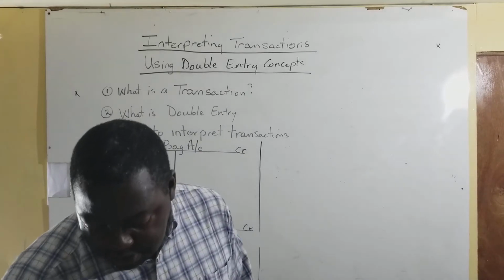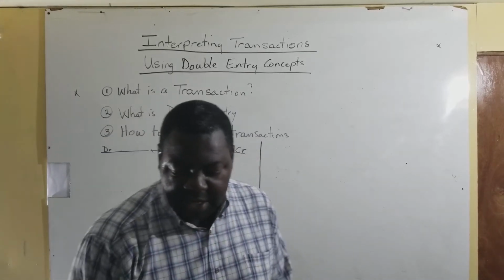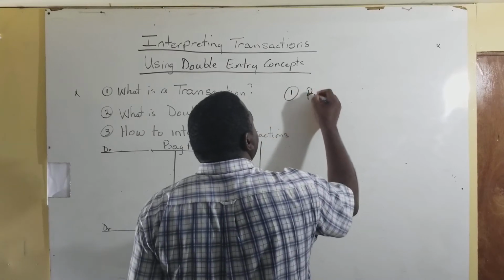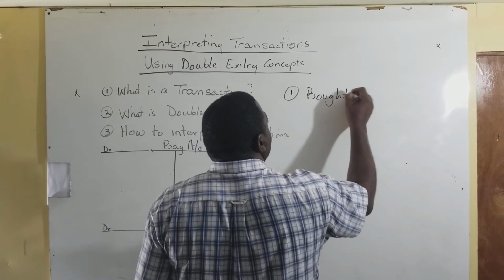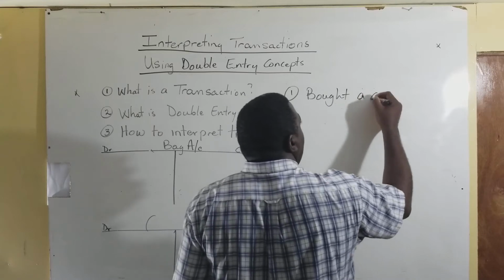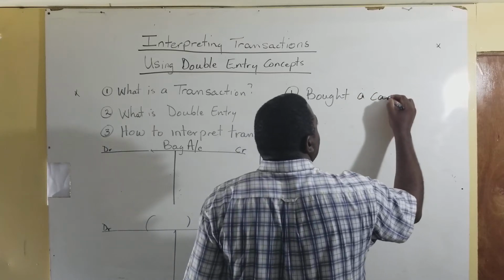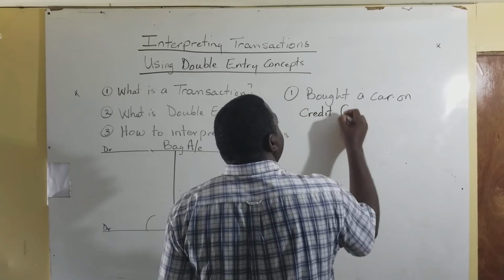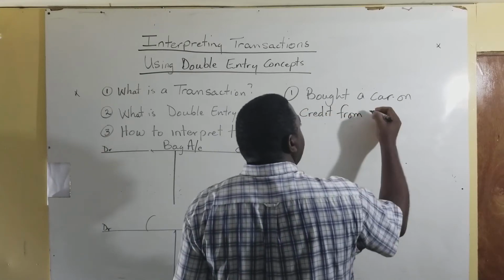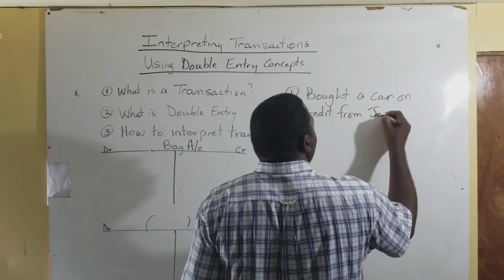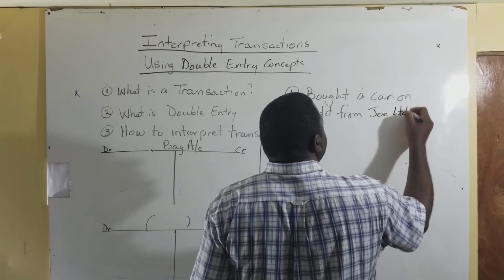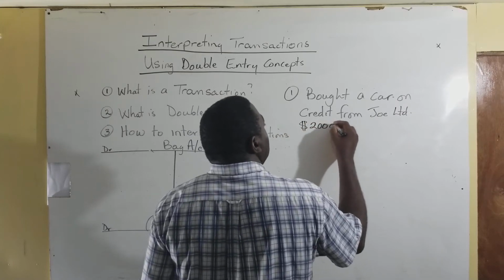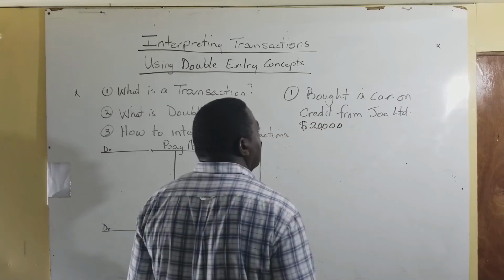Now let's use a few transactions then. One, let's say we bought a car on credit from Joe Limited, $20,000.